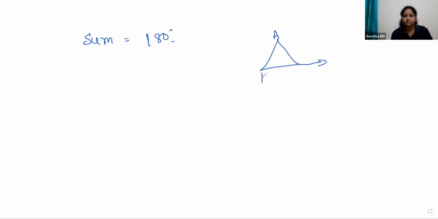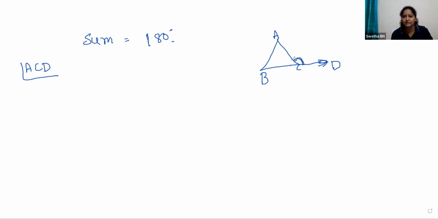See triangle A, B, C. Say BC is produced to D, point D. So here it is called the exterior angle. How will you write the exterior angle? While naming this angle, there are two angles forming here, right, children?